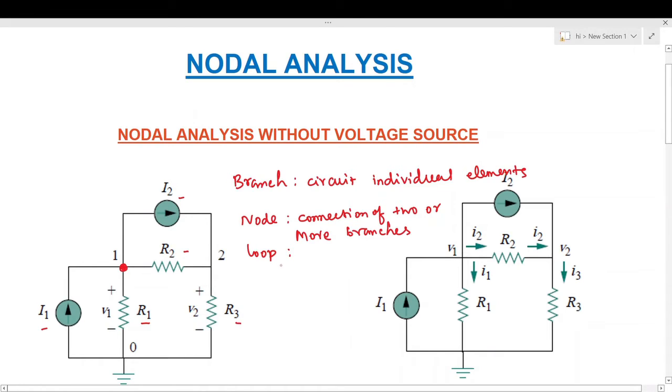Okay, next, loop. A loop is any closed path in the circuit. In this circuit, R1, R2, R3 make a closed loop. So, correction: a closed circuit can be called a loop.